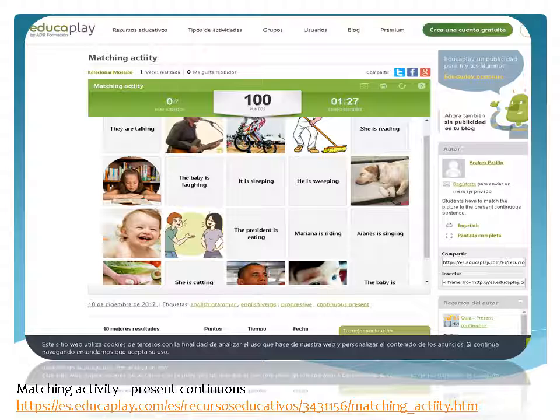They have to take a look at the activity and match the picture with the sentence. So if they see a picture where a baby is laughing, they have to match the picture with the sentence that says the baby is laughing, and so on and so on.